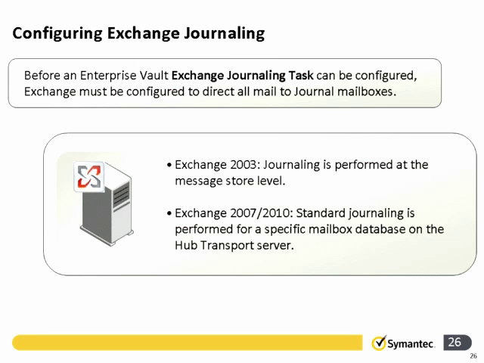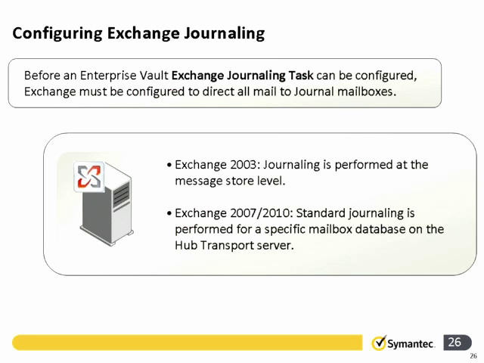Now again, that's kind of a generic statement in that we're assuming that you do want to make sure that your journal archives everything in Exchange. But we'll go through and look at the fact that you can in fact set up more specific journaling for the Exchange 2007 and 2010 environments.